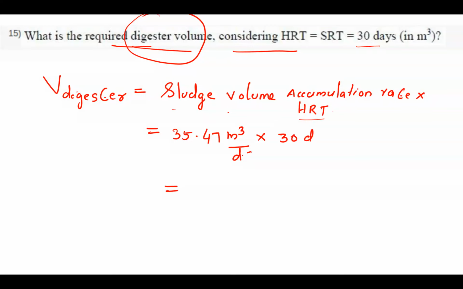So from here, 35.47 times 30 gives about 1064.1 meter cube.